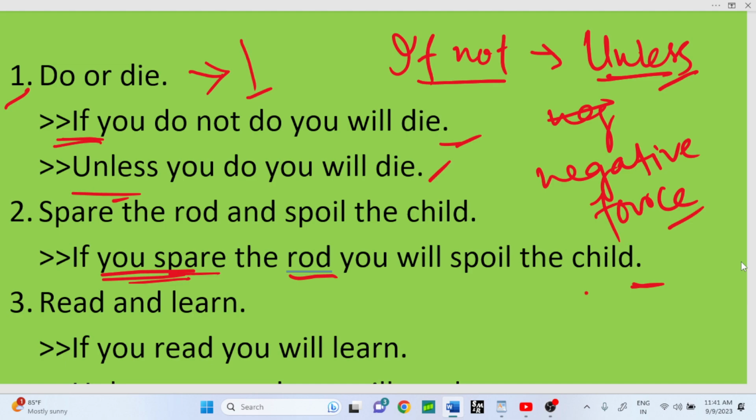In the first sentence, if is followed by not, but in this sentence there is no not. If you spare the rod, you will spoil the child. Then if I write, unless you spare the rod, you will not spoil the child.